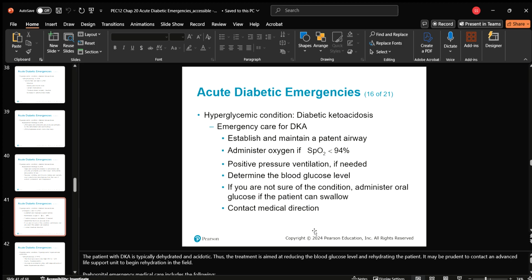All right, how do we manage DKA? PPV if needed. But you got to be so careful about this, because if the patient is trying to burn off their excess glucose, we don't really want to interrupt that.